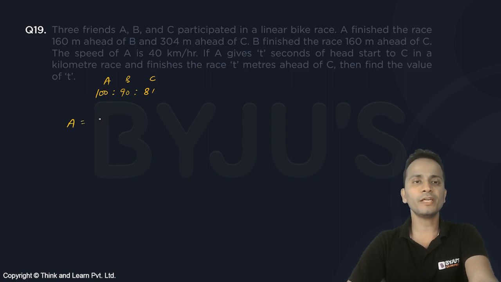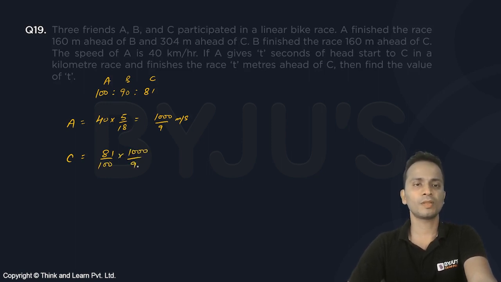Now, speed of A is 40 kilometer per hour. Multiplying it by 5 by 18, so it will be equal to 1000 upon 9 meters per second. Speed of C, the ratio of A and C is 100 upon 81. So speed of C will be equal to 81 upon 100 times the speed of A, right?